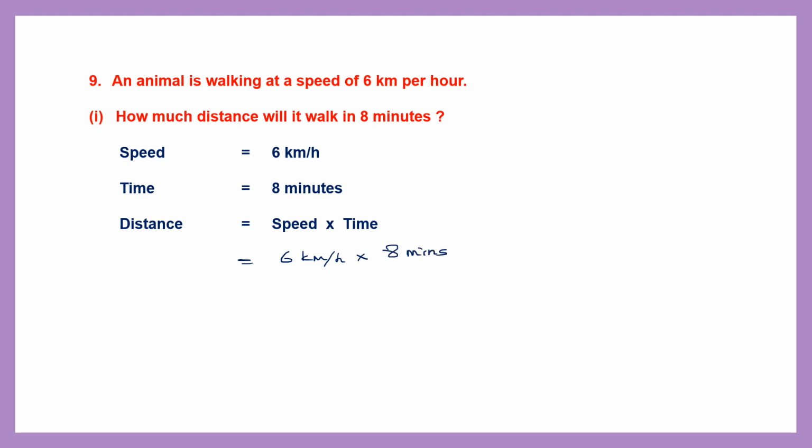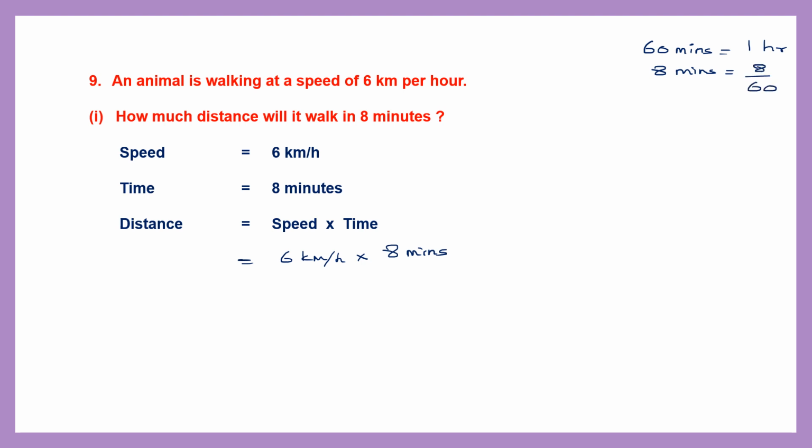As you can see, the units are different. Here we have hours and here we have minutes. So we're going to convert 8 minutes into hours. So we know that 60 minutes make 1 hour, isn't it? So 8 minutes will be 8 divided by 60.